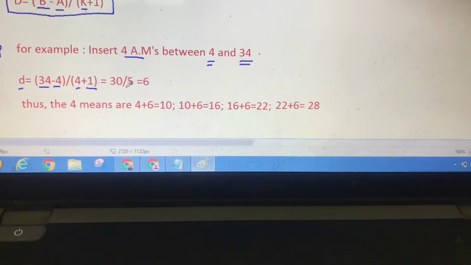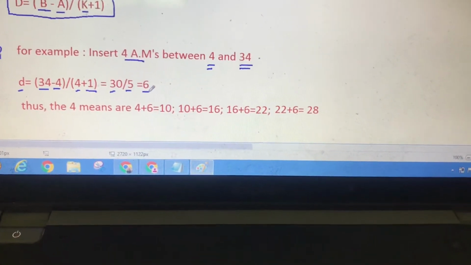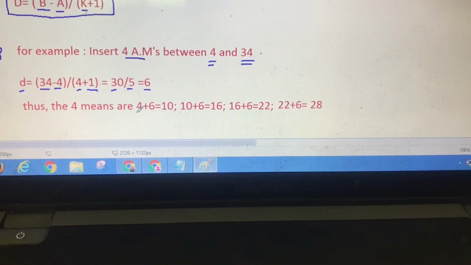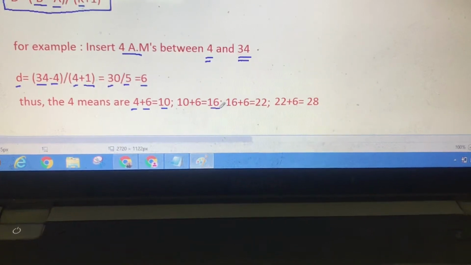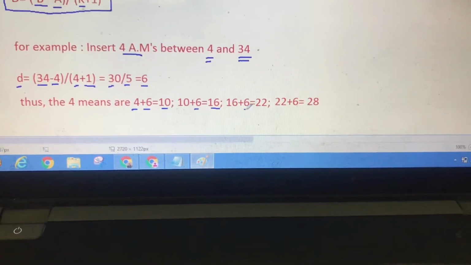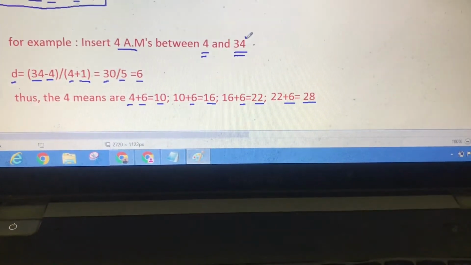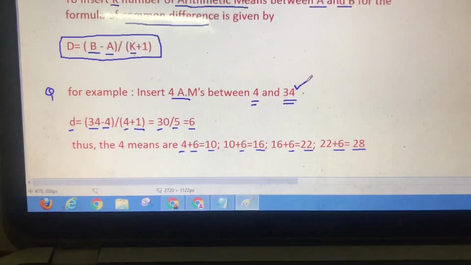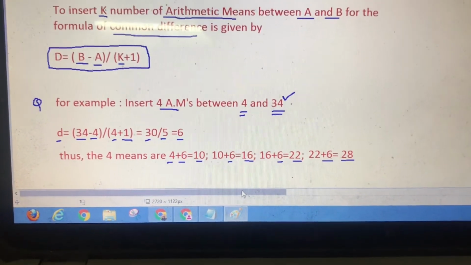So 30 upon 5, which is equal to 6. So now we know the common difference is 6. So the other 4 terms will start from 4: 4 plus 6, 10. 10 plus 6, 16. 16 plus 6, 22. 22 plus 6, 28. And then 28 plus 6 gives the last value, 34. So this is all about arithmetic progression, right?